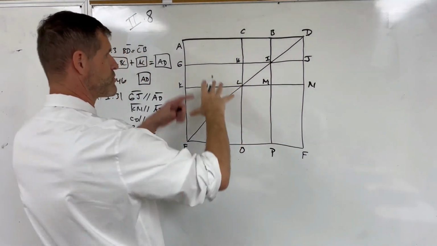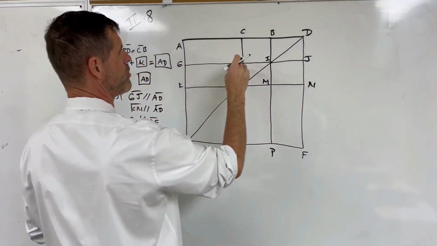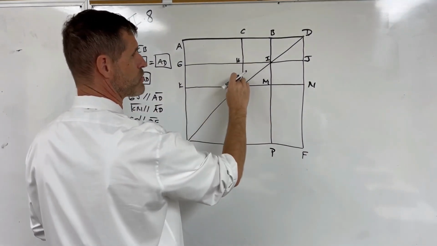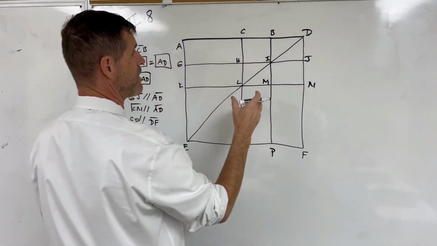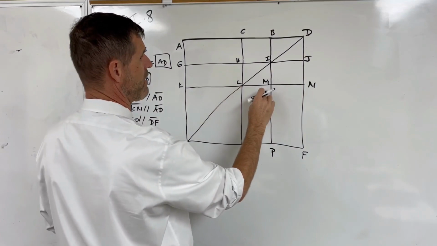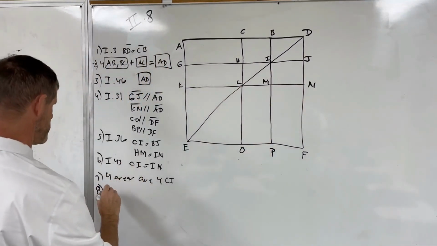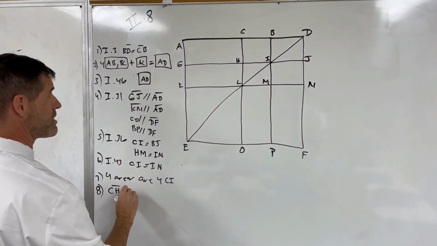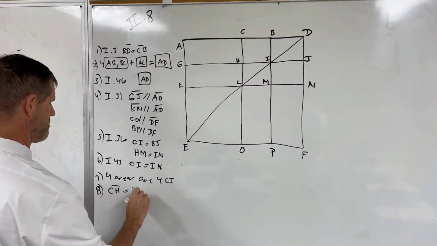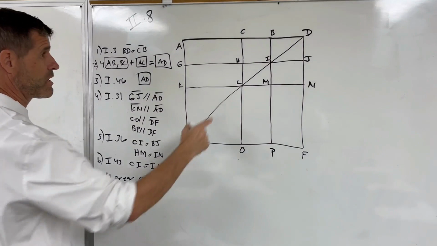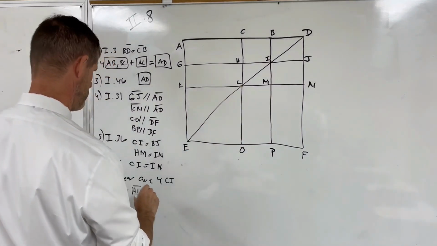So by a whole series of common notion number 1s, we get to CH being equal to HL, and then we can also show in the same way that LM is equal to MN. So we'll write out that line CH equals HL, and we can say that LM equals MN.